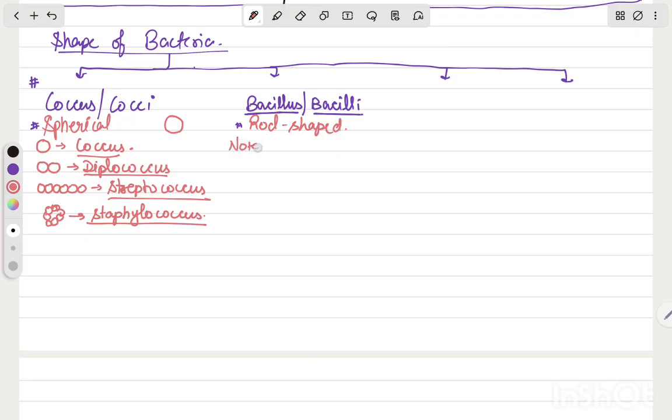Now we have a special note about bacillus or bacilli bacteria. This group includes most of the bacteria, right?